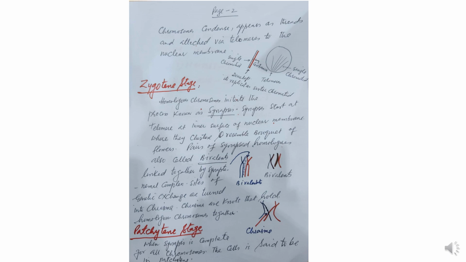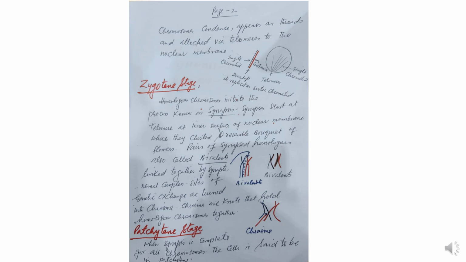When an exchange occurs in one limb, the other is free. The other limb is not participating in the exchange. When synapsis is complete, with 23 pairs, the cell is said to be in pachytene.